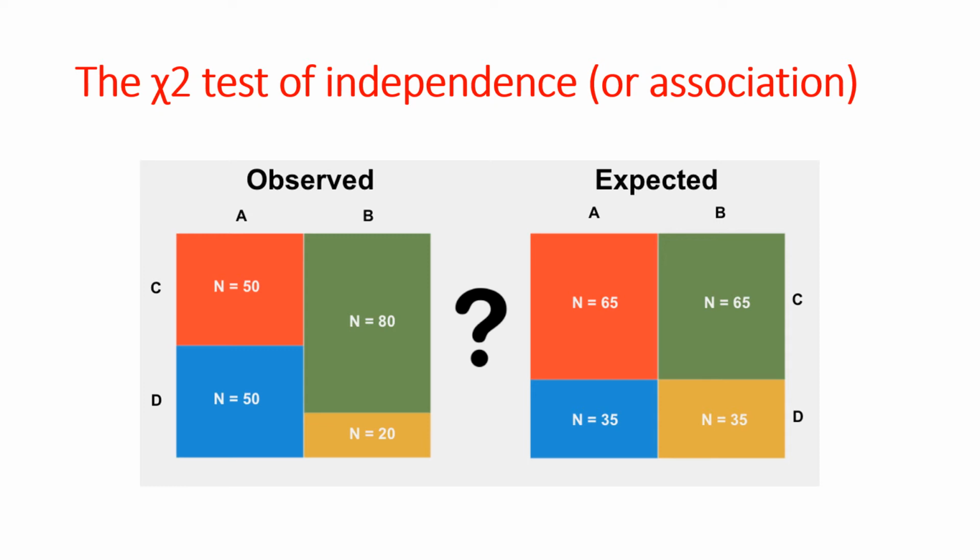But when it comes to the test of independence or association, we basically have two categorical variables, and we want to look at the relationship between these two categorical variables.